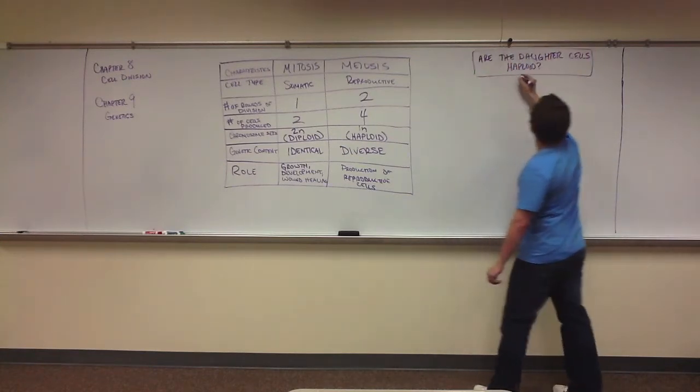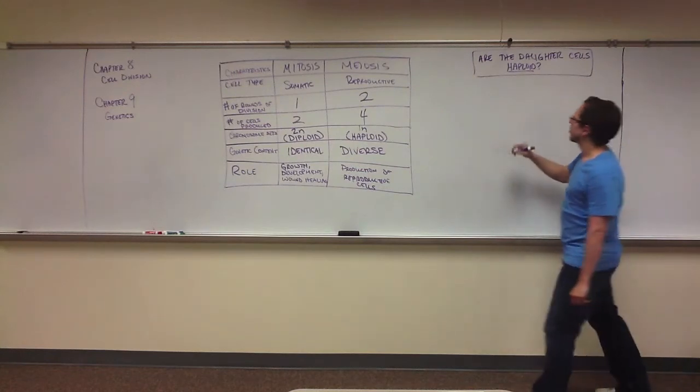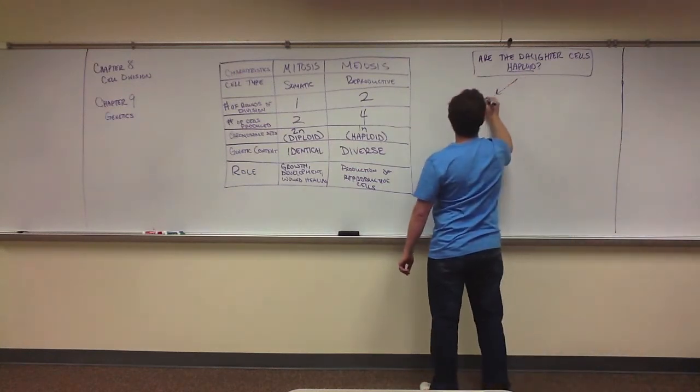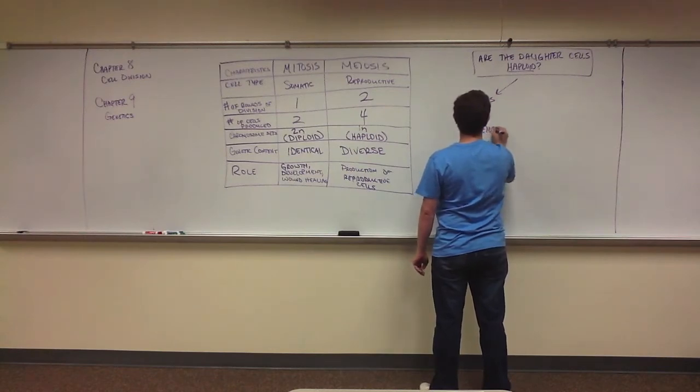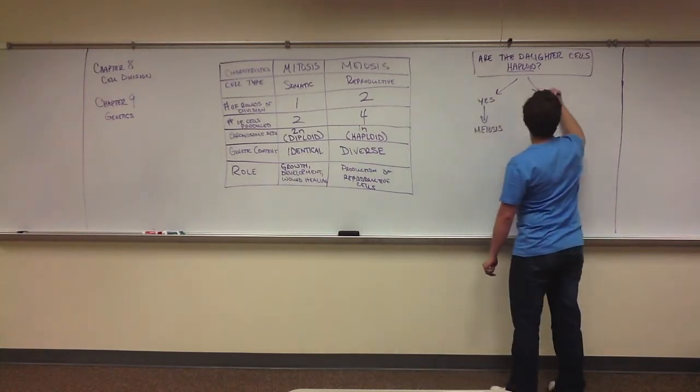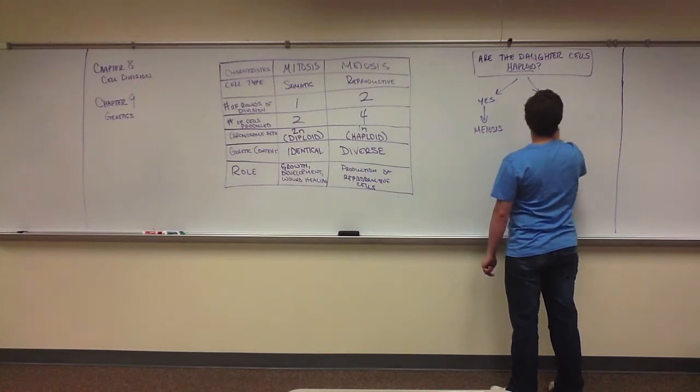So if I at any point in time mention that they're haploid or they're 1N, and the answer is yes, then you are immediately dealing with meiosis. The answer is no, you're dealing with mitosis.